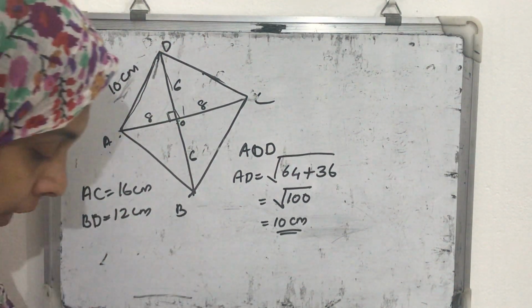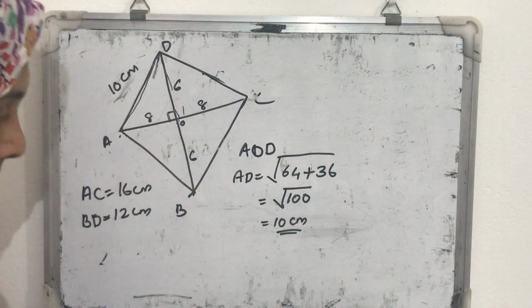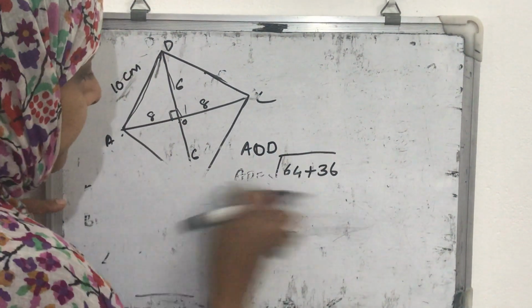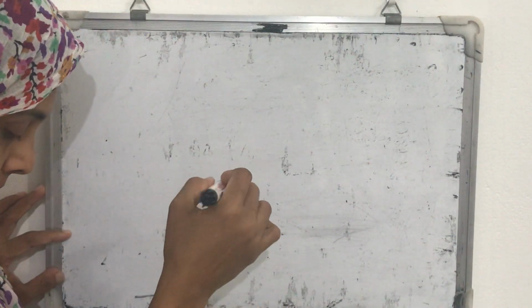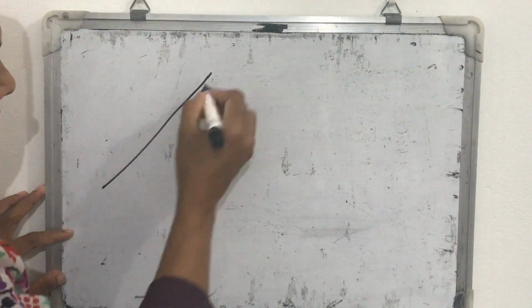Fourth question. Find the value of the unknown angles. Another figure is given.